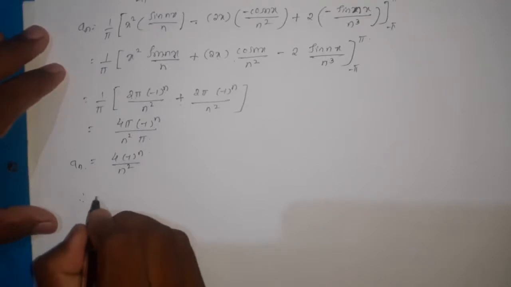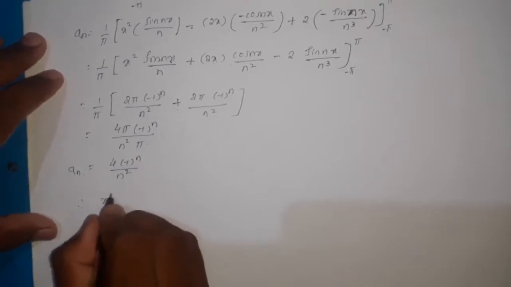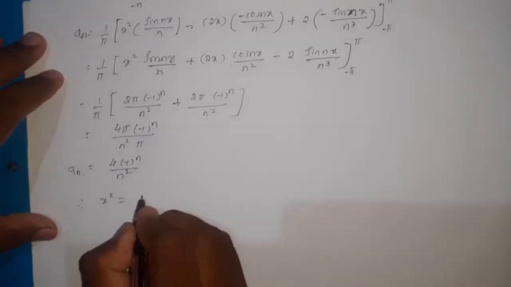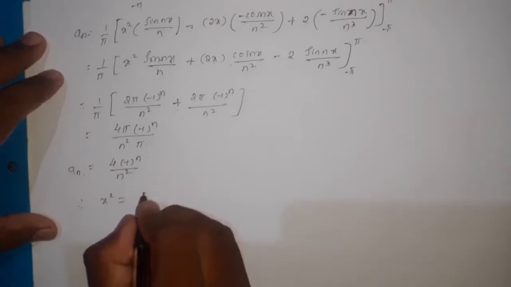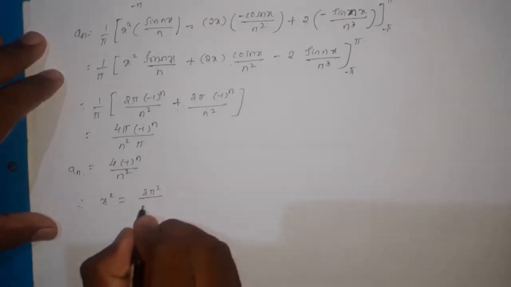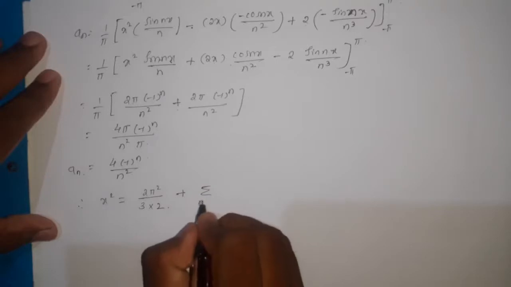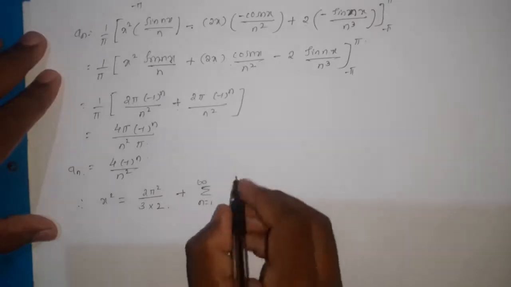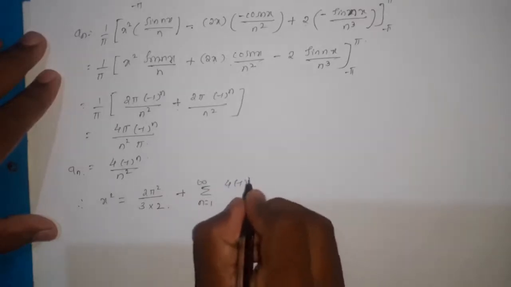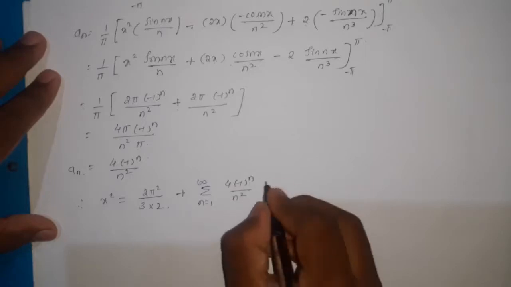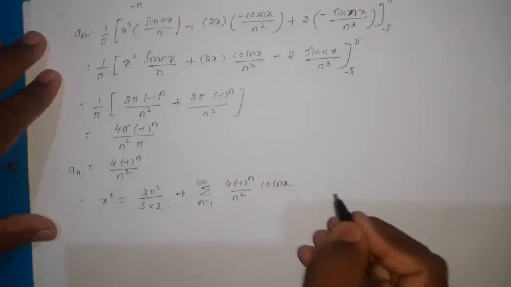So therefore f of x, that is x square, is equal to a naught by 2, that is 2 pi square divided by 3, 1 by 2 is there, so therefore by 2, plus summation over n equal to 1 to infinity of 4 into minus 1 whole power n divided by n square cos nx.